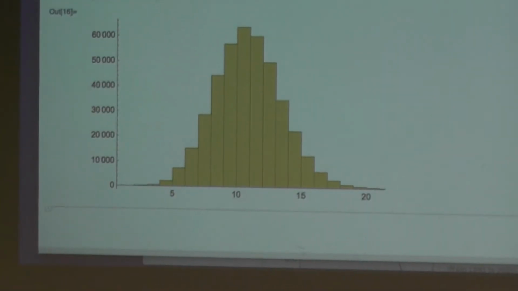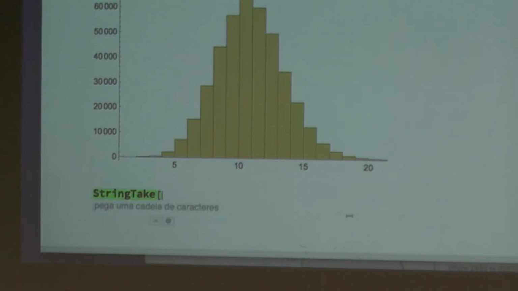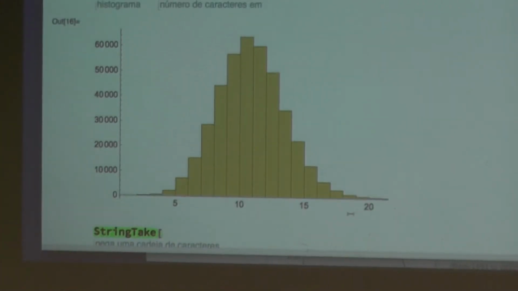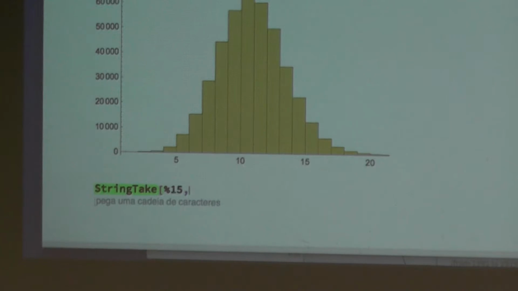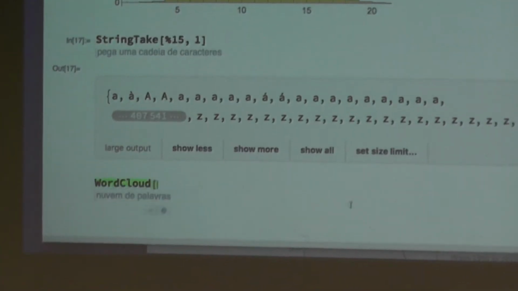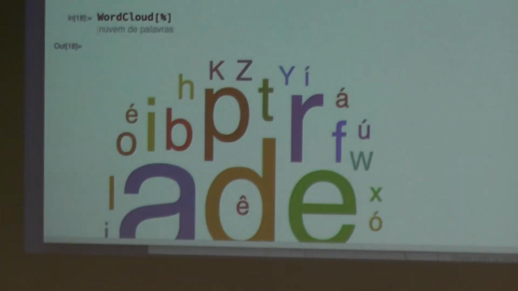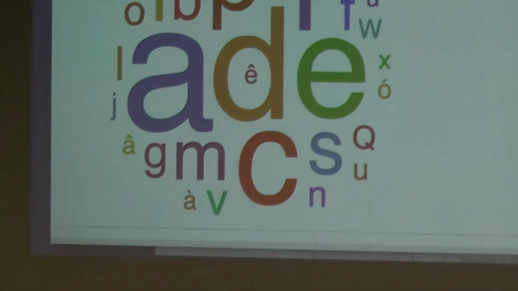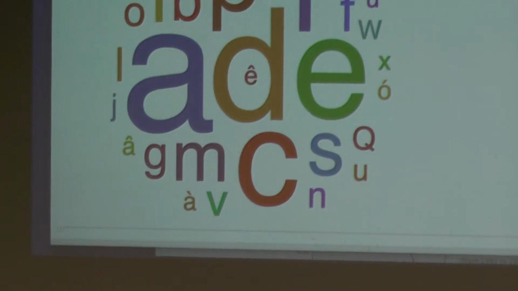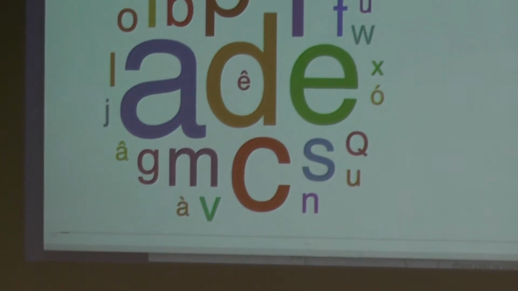So there it is. And we could take a word cloud. We could just take the first letters of all those words, and now let's make a word cloud of those first letters. Find out what the most common first letter is, what the thickest section of the dictionary should be in Portuguese. Is that right? Is that plausible?